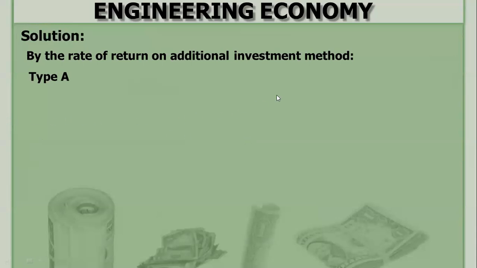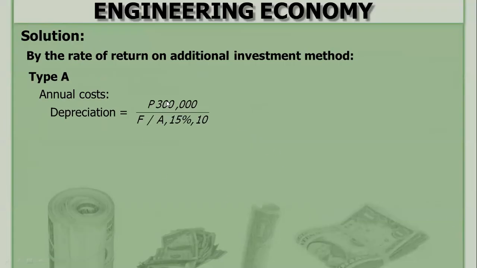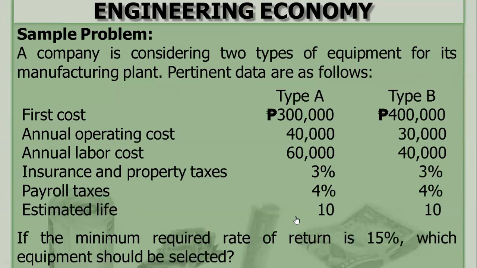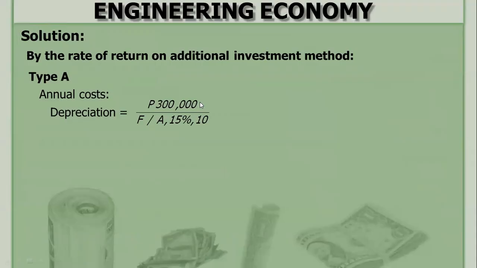So, same with the basic methods in the previous topic. We do not consider revenues anymore. So, purely cost there. First cost is depreciation, and the usual method used is the sinking fund method. 300,000. Since there is no salvage value, it is considered to be equal to 0. No salvage value was mentioned there, so assume it is 0.